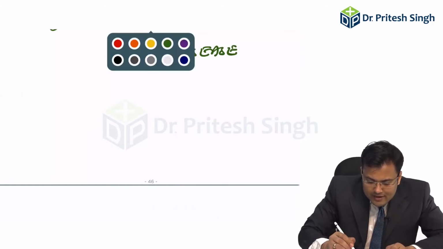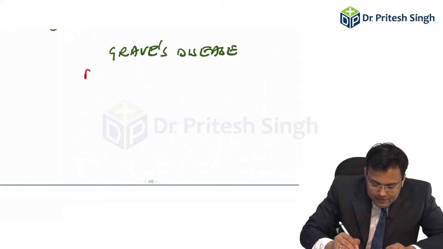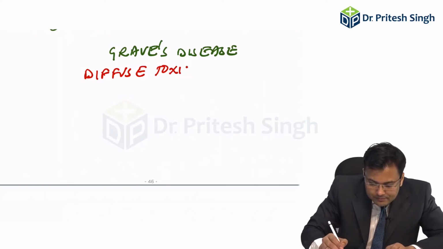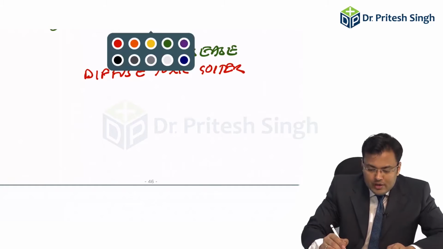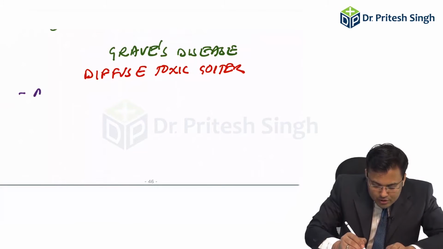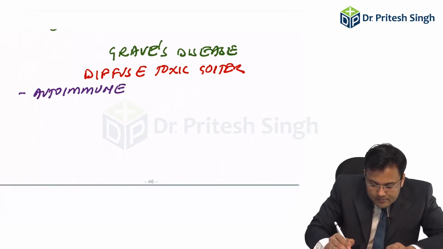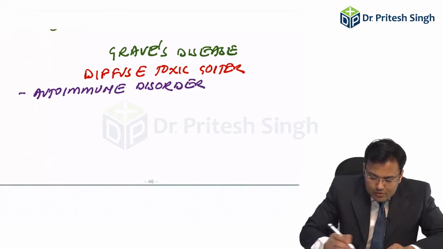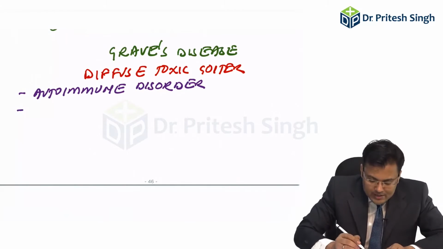Other name of Graves' disease is diffuse toxic goiter. You know, this is an autoimmune disorder. If it is autoimmune, it means there will be autoantibody.